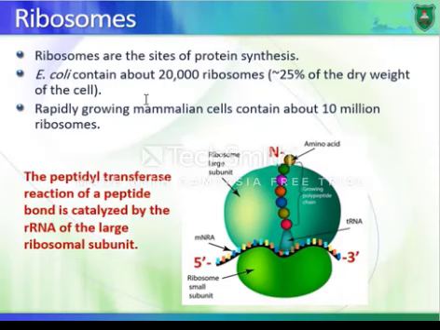In mammalian cells, or rapidly dividing mammalian cells, we have around 10 million ribosomes for each cell. So as you can see, we have large quantities of ribosomes in prokaryotic and eukaryotic cells, because we need the synthesis of proteins and these ribosomes are involved in all protein synthesis.